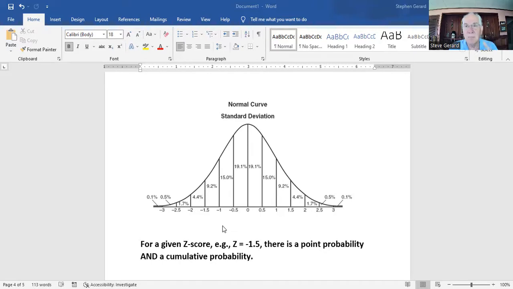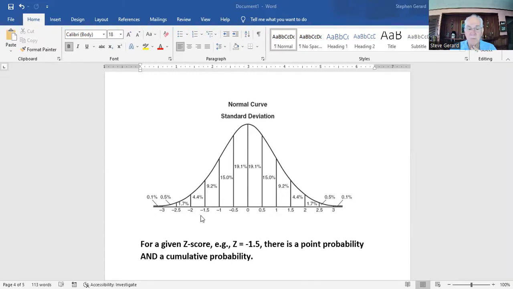Now, this point issue came up in the last chapter when we talked about discrete probability distributions also. A point probability would be that I got exactly the score right here. A cumulative probability is I got this score right here or anything to this side of it.